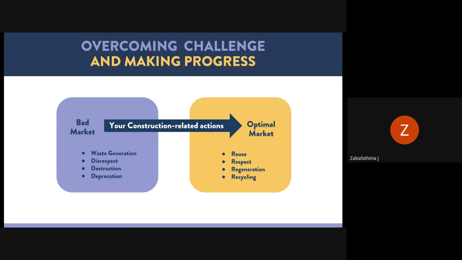So an optimal market now has reuse, respect, regeneration, and recycle. So you reuse your materials, you respect the environment for what it is. By respecting the environment, you regenerate it. So when you take something from your environment, you give back to it.